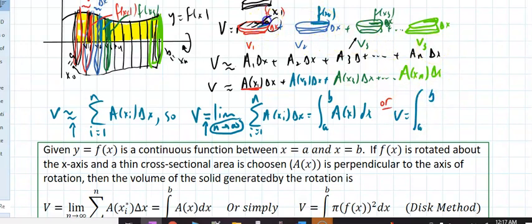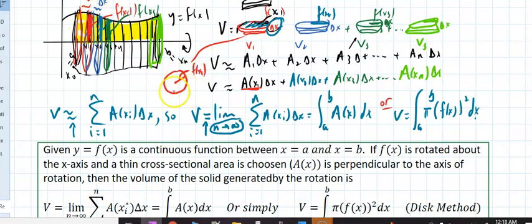Well, isn't that base a circle? Can't I say that's pi r squared, where r is f of x, times dx? Dx is the width. So think about it for a sec. If I look at that circle, that radius right there is actually that height right there, and that's f of x sub 1.